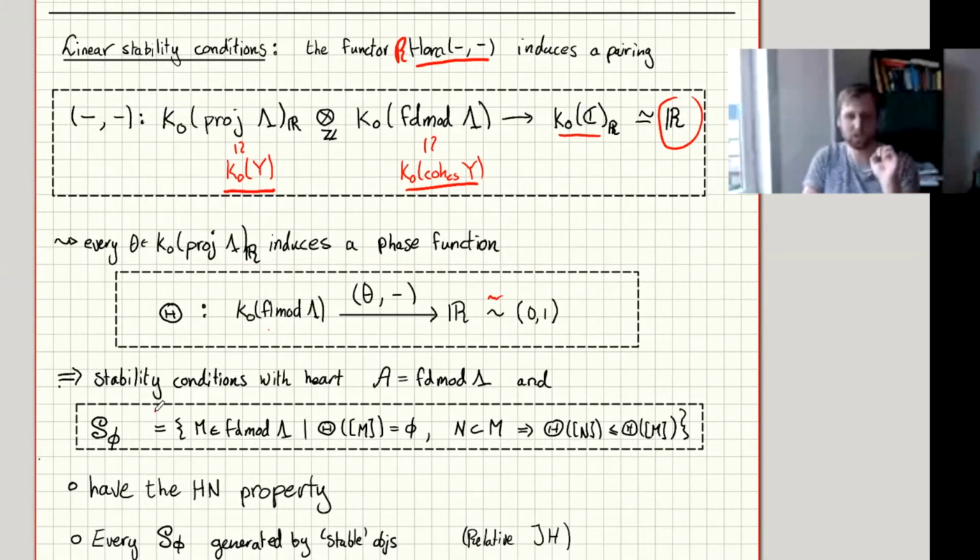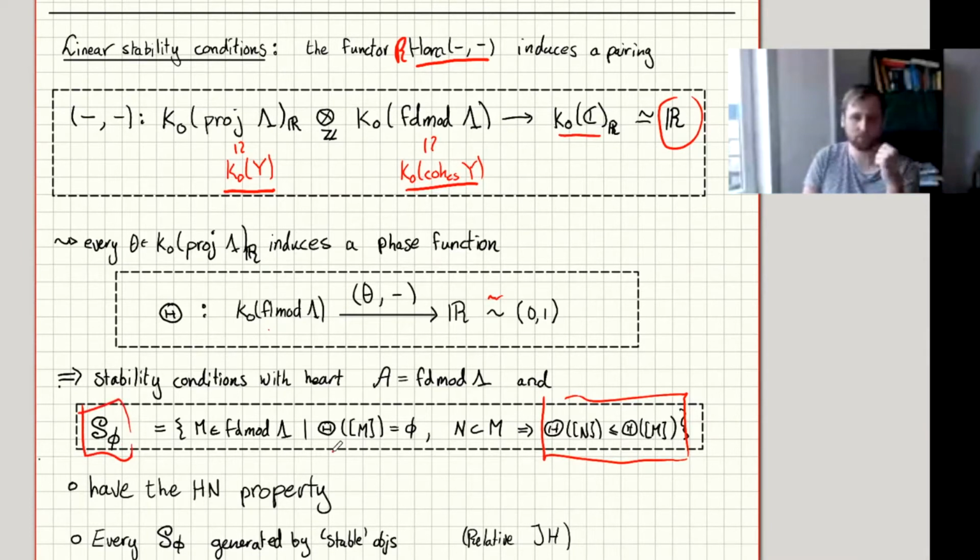An object is semi-stable if every sub-object has a smaller phase than the phase of that object. Everything that satisfies that property is semi-stable, and then we decompose all the semi-stable objects by phase into different sets.